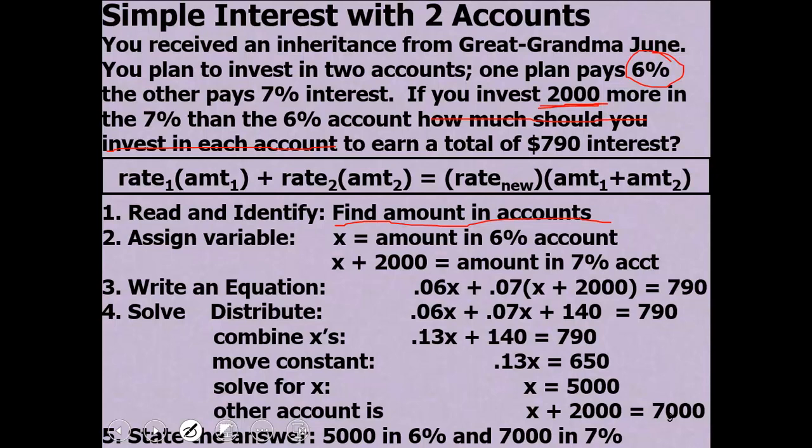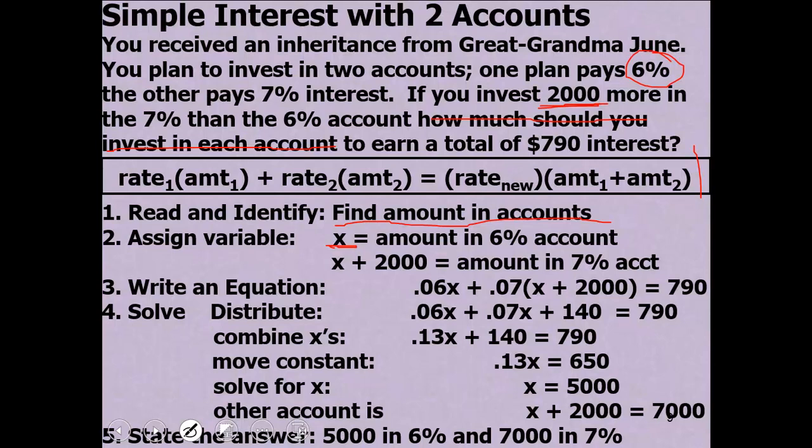So we're going to let X equal the amount in the 6% account. Then X plus 2,000 is the amount in the 7% account. Now this just becomes rate times amount plus rate times amount equals rate times the sum of the amounts. It just becomes a matter of plugging into this formula. This formula is very important. You want to learn this.